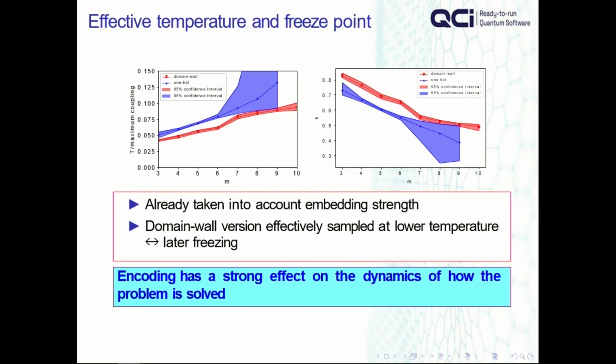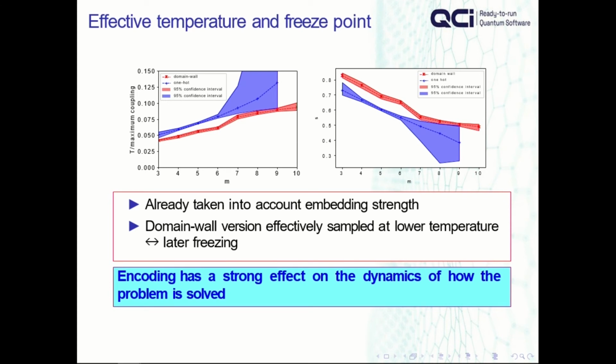What we can do is, for the two devices, say effectively what is the temperature. And what we mean here is, assuming it's a thermal distribution using this simple model I talked about before, let's back calculate what the temperature would have to be to get that success probability. We can do that for temperature over maximum coupling.